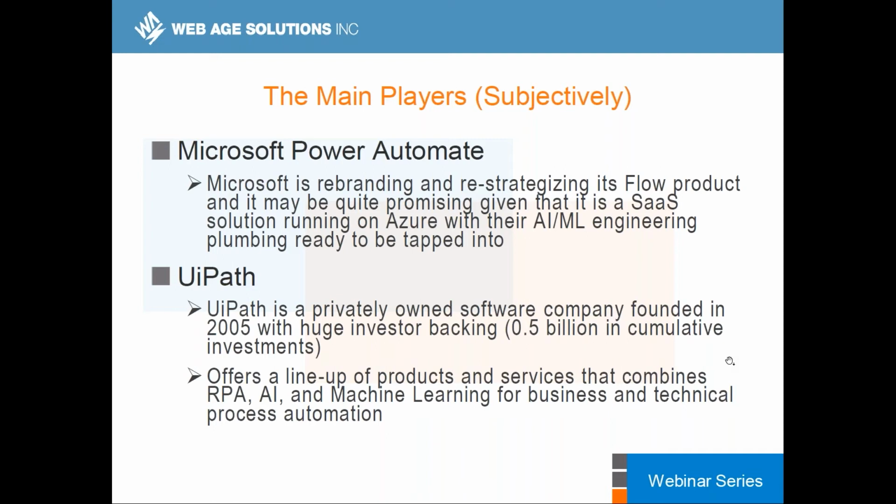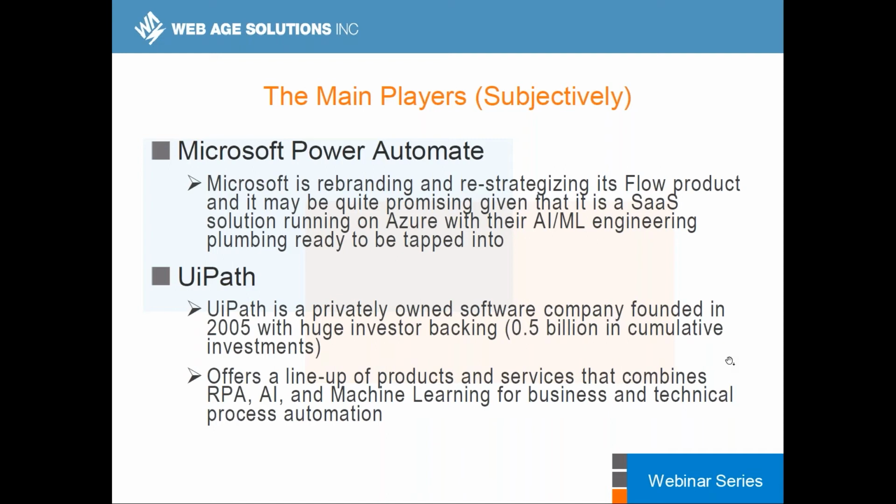It's a software as a service solution running in the Azure cloud. And then recently they rebranded it, and Microsoft is very tuned to what is happening in this landscape of process automation. They currently have this new name. Microsoft marketing people are very creative, so they called it Power Automate. So it essentially can be anything, right?